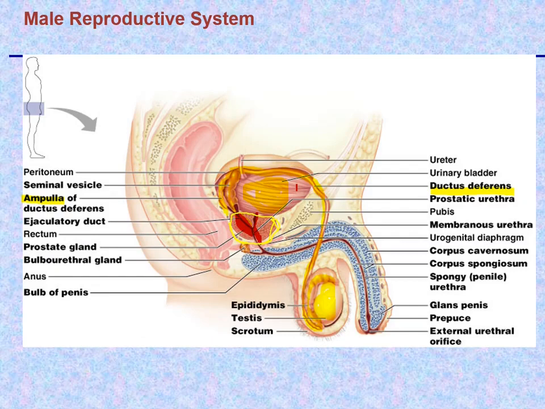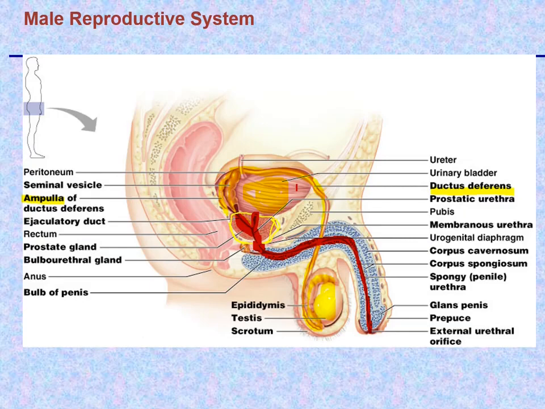The prostatic urethra here, the area of the urethra inside the prostate, then becomes the membranous urethra, just that small area, and then it becomes the spongy or penile urethra, going all the way to the end of the penis.